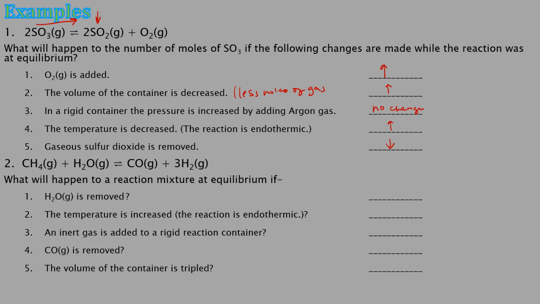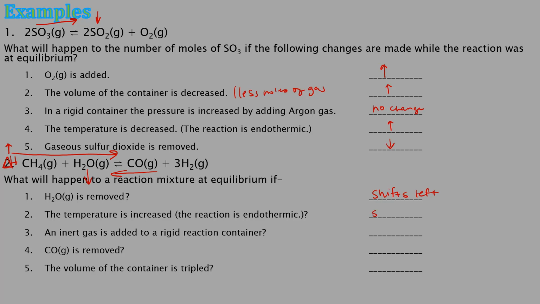What will happen to a reaction mixture at equilibrium if H2O gas is removed? So if this is removed, it's going to move towards that, and so the reaction shifts left. The temperature is increased, the reaction is endothermic. So we have heat over here, and if we increase the temperature, it's going to shift away from that.